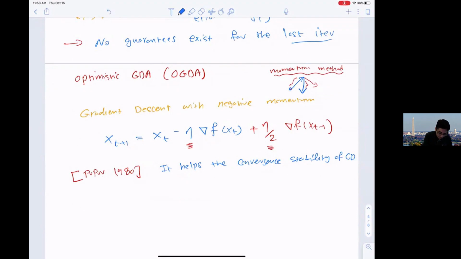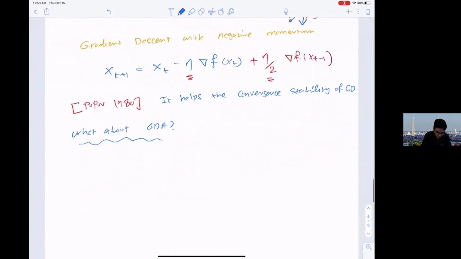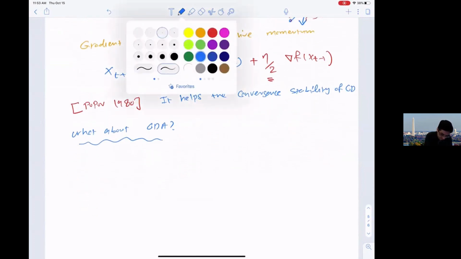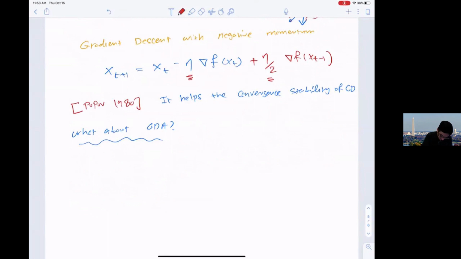All right, so what about GDA? The same idea can be used in the min-max case, to see if it will help us or not. That leads us to optimistic gradient descent ascent.